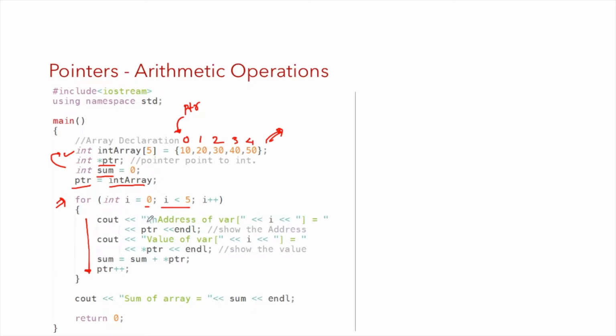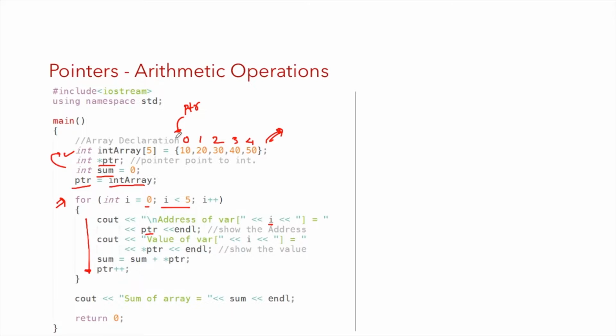So in the first statement, we are printing the address of variable I, our index variable or loop variable. In the first iteration it is 0, so 0 will be printed over here, and then we are writing address equal to ptr.